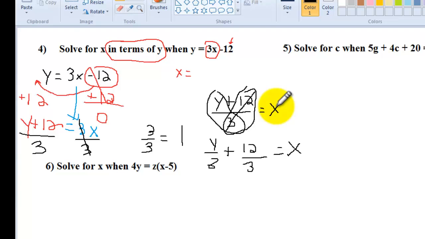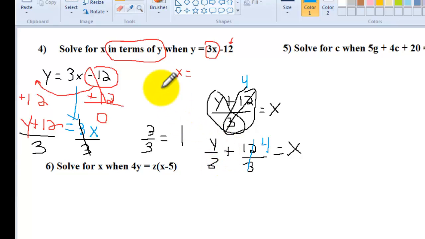That's wrong. And what I mean is, if you do 3 into 12, that's 4, right? But you forget that you also have to divide y by 3. So really what it ends up is this is 4, so it's y over 3 plus 4 equals x. In this case, I will accept y plus 12 over 3 equals x. The stage of algebra that you're in does not necessarily require you right away to go and break it down further.